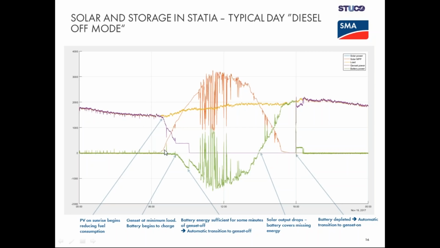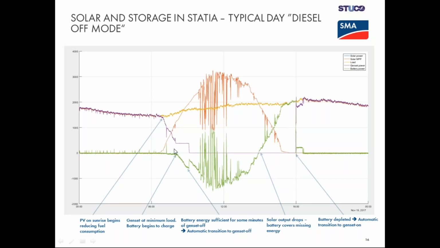At around 6 in the morning, you're familiar with the sunrise here in orange, and the sun goes up. Immediately, you see that the generator power is decreasing 1 to 1 until the point where the minimum nominal partial load of the generator is reached. It simply has to produce 300 kilowatt.